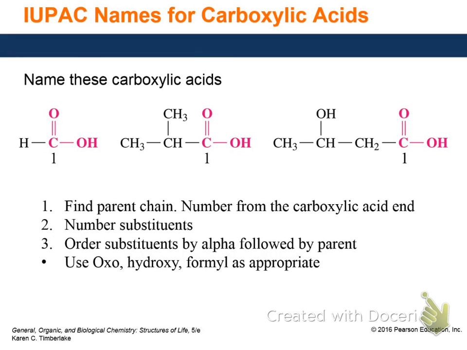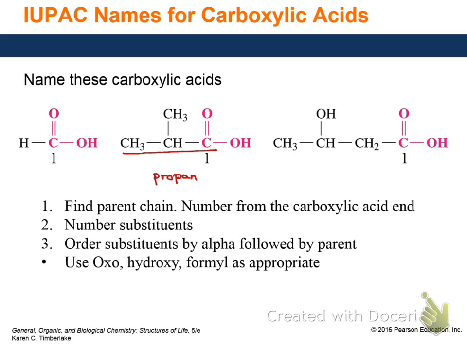All right. So let's name these. We named the first one. The carbon of the carboxylic acid is always number 1. Just to start us off, I put a 1. The one on the left is methanoic acid, so we named that one already. What's the parent for the middle compound? Propane. It's got 3 carbons in it. The parent includes the carbon in the carboxylic acid. So this becomes propan, because it's propane, right?